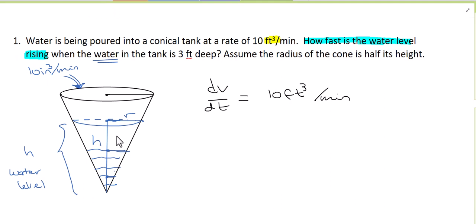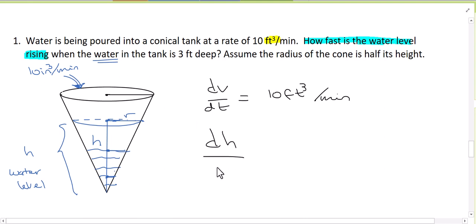So that's where our variable comes in. I want dH/dt. dH/dt is what we're looking for when the tank is 3 feet deep. So we want to know dH/dt when H is equal to 3 feet.